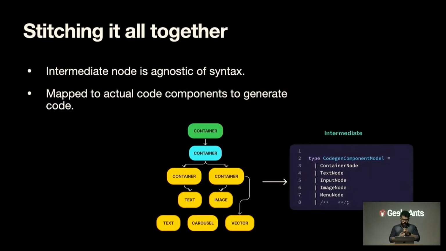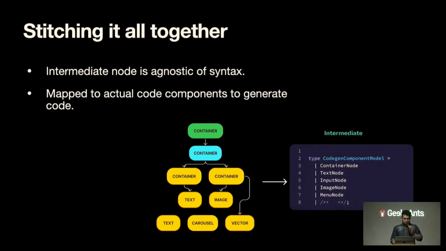Well, what we can do is take that live node, that container, that tree that I just showed you, and generate a model out of it. This model is contained to all the components that you might have in your system. For instance, this model might have container node, text node, input node, image node. This is all that your code base understands, right?